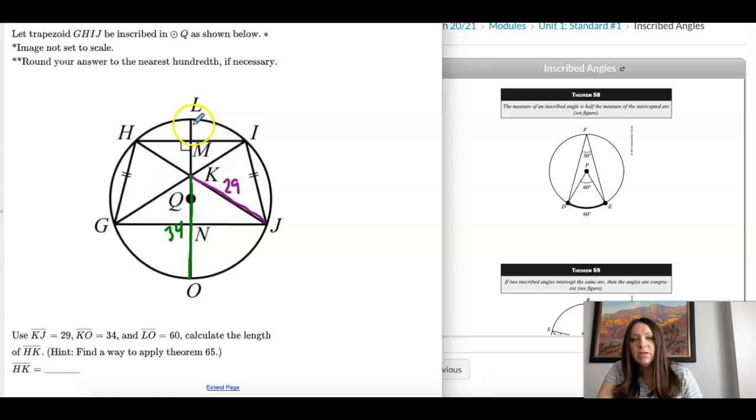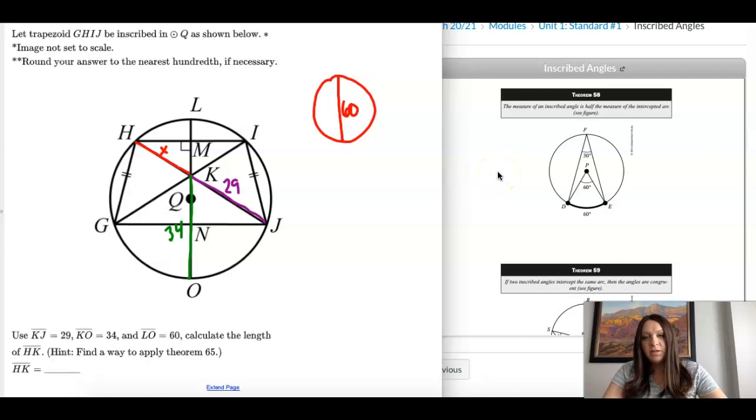And L to O, so our whole diameter is 60. I'm just going to draw that out here. So all the way across is 60. And we're trying to find H. Okay, that's our X, that's our unknown. Hint, find a way to apply theorem 65.